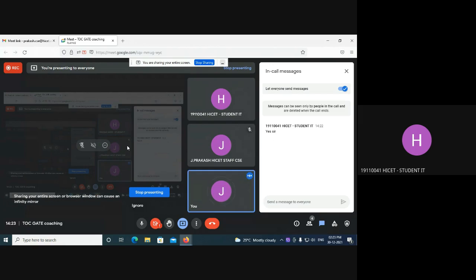In this class, we are going to discuss how to attend GATE exams if the questions are asked in TOC, Theory of Computation, as well as some of the topics in compiler. Are you aware of TOC, Theory of Computing? Are you third year or final year? This semester you have studied TOC?